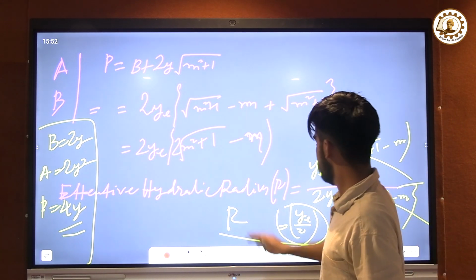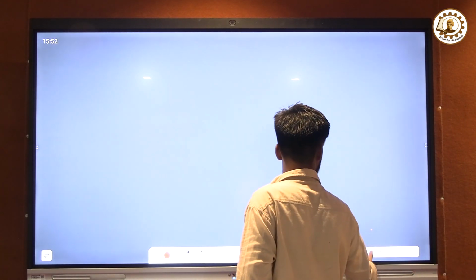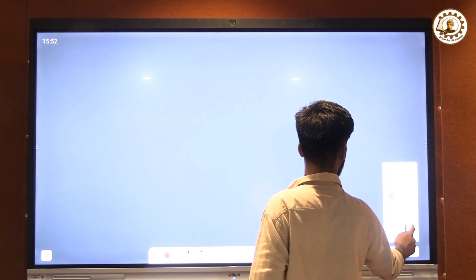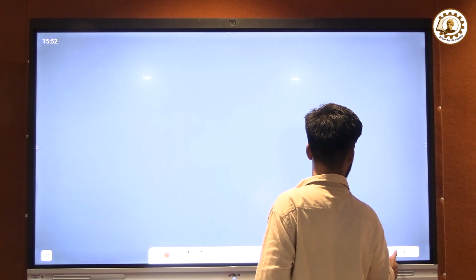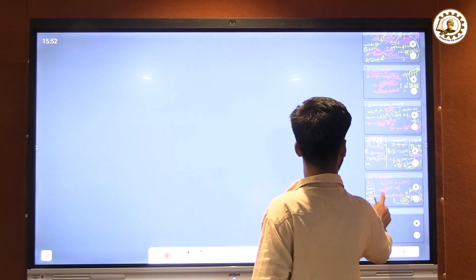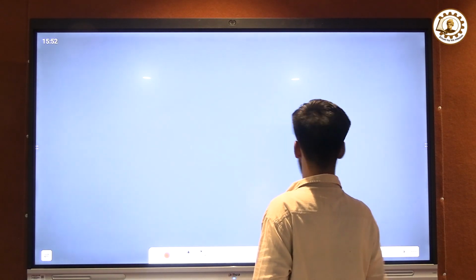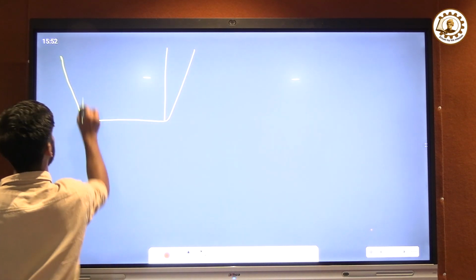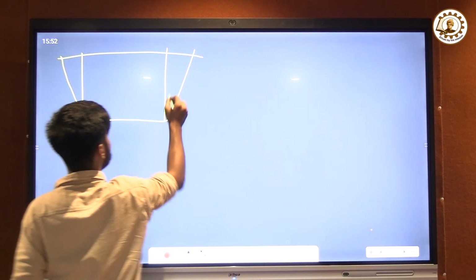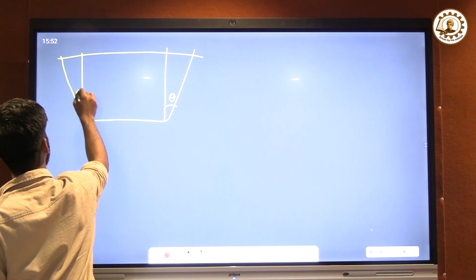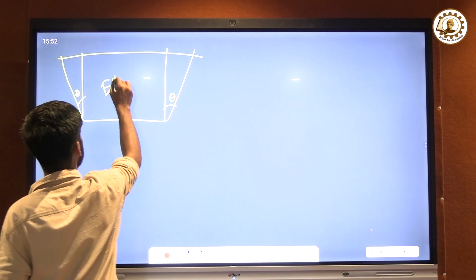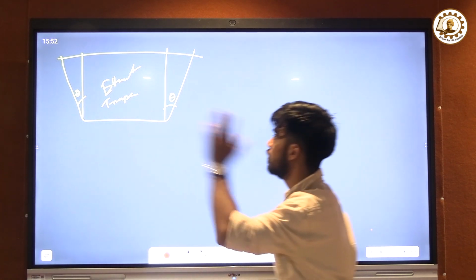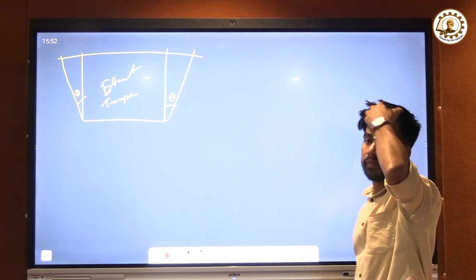So now, till now what we have done, we have formulated the efficient trapezoidal channel, where we have considered the side slope is fixed.